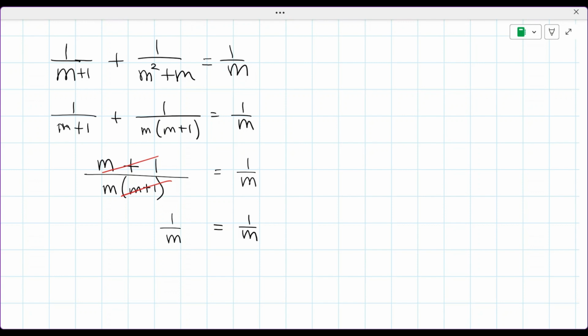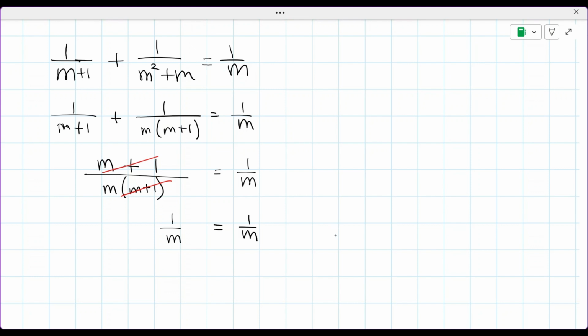Now, there's some catches that we need to put here. I think this proof is complete. However, it's only possible for some specific cases of m values. For example, this proof is possible except we have a few non-permissible values, right? Remember you learned that in Pre-calc 11 class, or when you learned about rational functions.